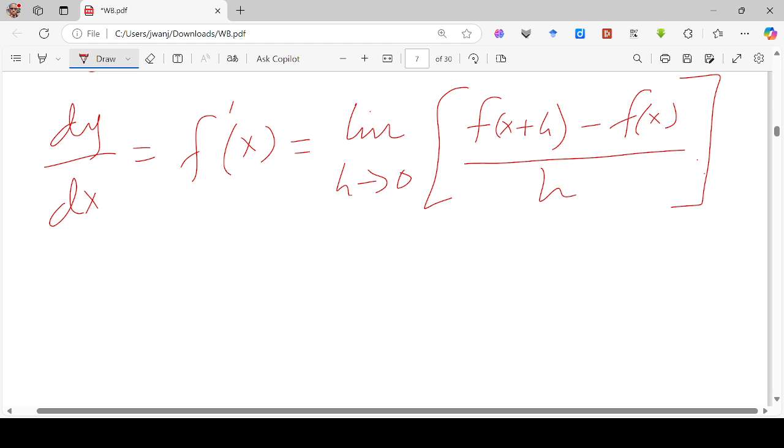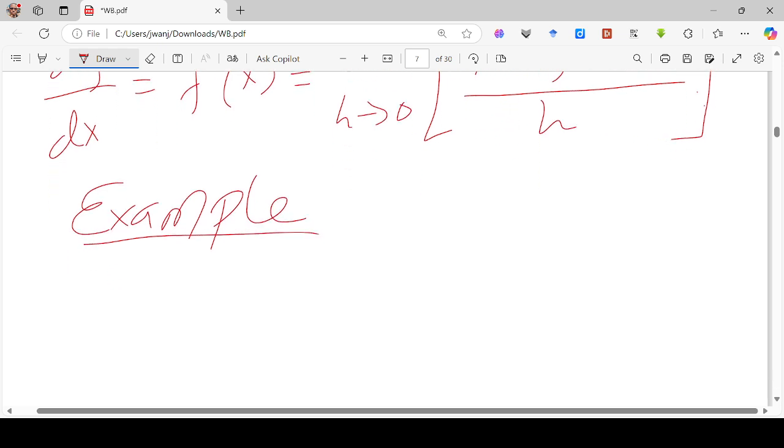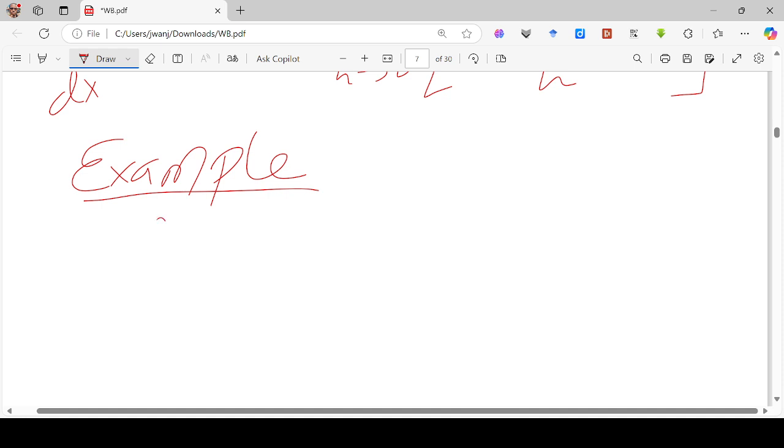So we just want to make use of this to find the derivative of a function. That is, we just want to do an example. So my aim here is to do an example using the method of first principles. You are given a function f of x is equal to, say, 2x divided by 3x plus 5.